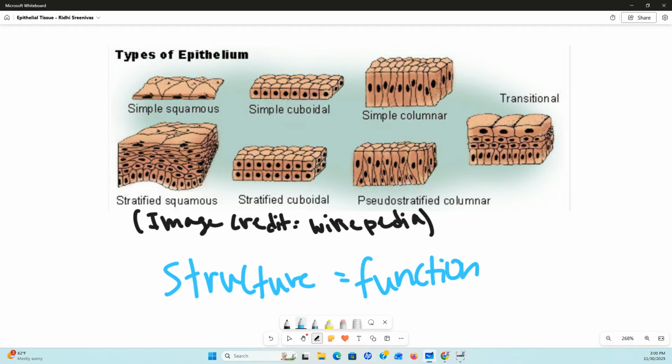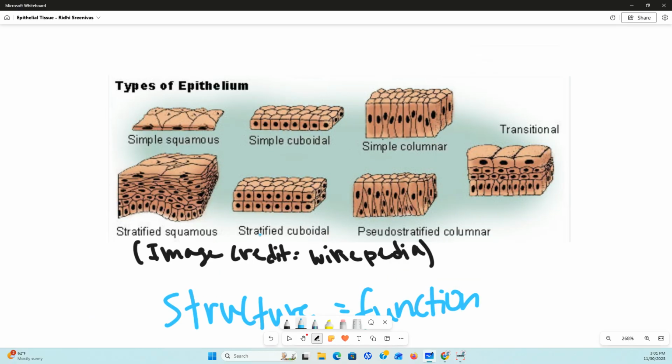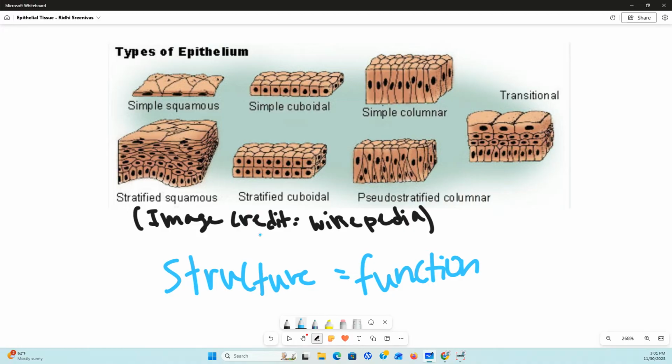Okay, but let's use an example here so you guys can understand how we can derive the function of something from the structure. But I'm kind of going to do it backwards. You can just see how it goes two-way, right? So, for instance, let's just take stratified squamous epithelium.